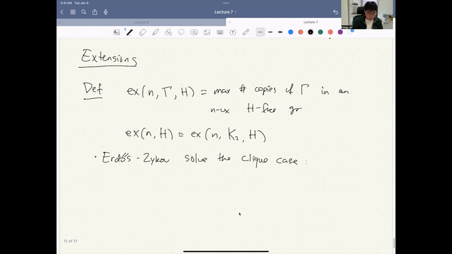This means for every s less than t, if you want to maximize the number of Ks in a graph that does not have Kt, then this is maximized again by the Turán graph on t minus 1 parts, the same as when s equals 2.